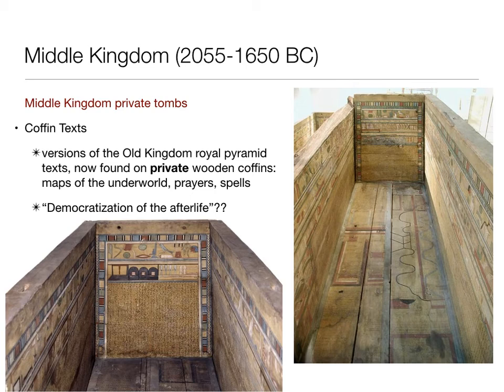Given the wealth that we're seeing, these kind of cheat sheets to the afterlife that we normally see in royal tombs, we're now seeing in private tombs. This has led some Egyptologists to refer to this as the democratization of the afterlife, in that you've got these royal prerogatives that are trickling down into the private sector.